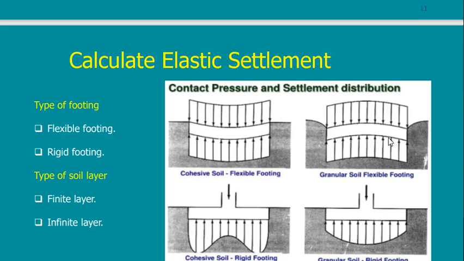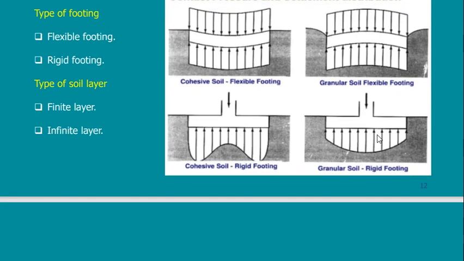It bended in the two cases, so it is flexible. But how it will bend depends on the type of the soil. If it is clay, cohesive soil, then the concentration will be at the middle, and at the edges the bending will be less. And the opposite in case of sand.